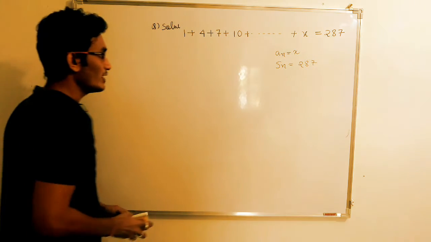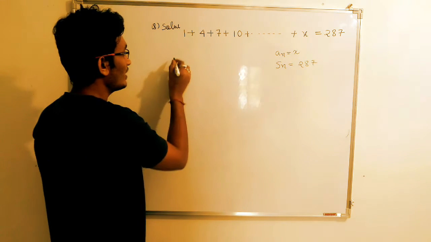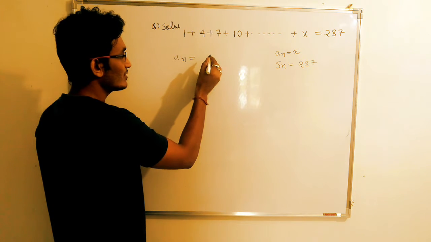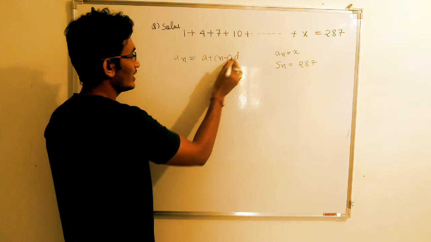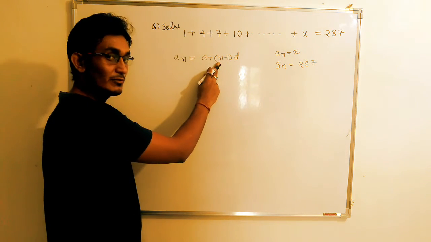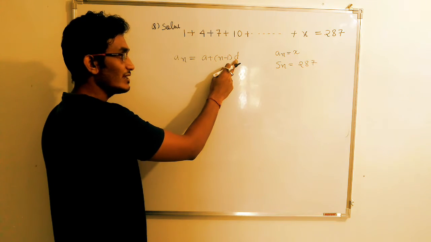We have already learned that the last term of an AP is represented by an, and the formula is a plus n minus 1 whole times d. Here a is the first term, n is the total number of terms in the AP, and d is the common difference.